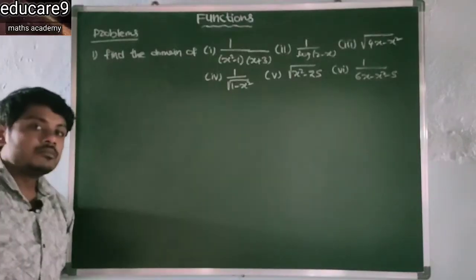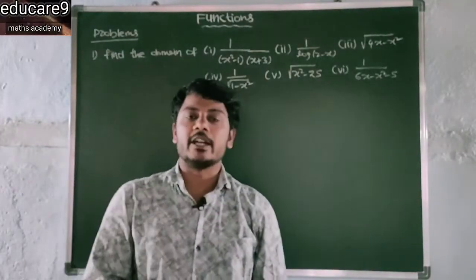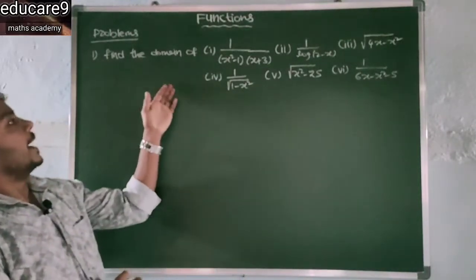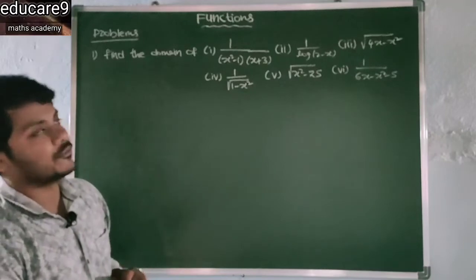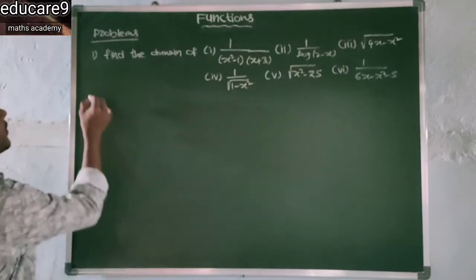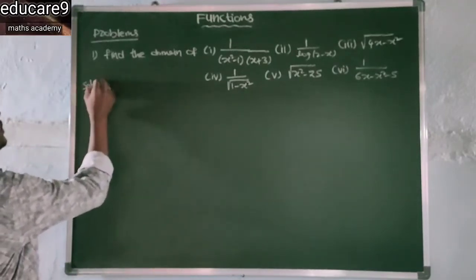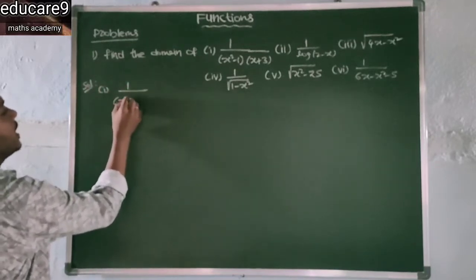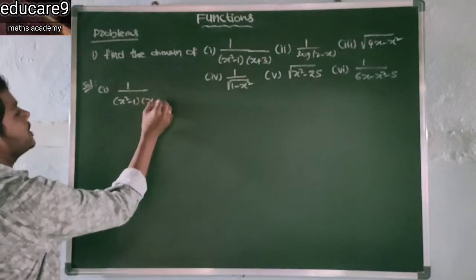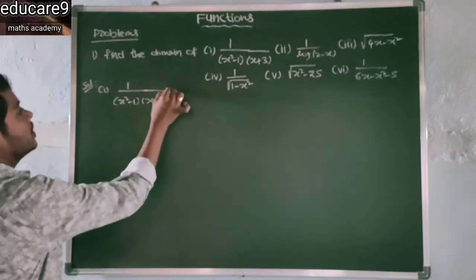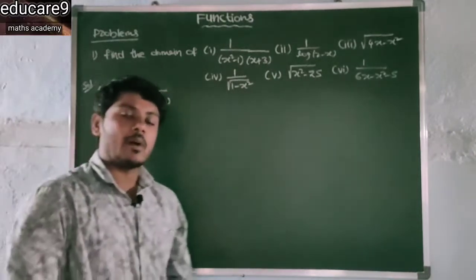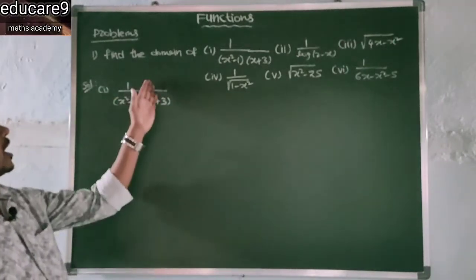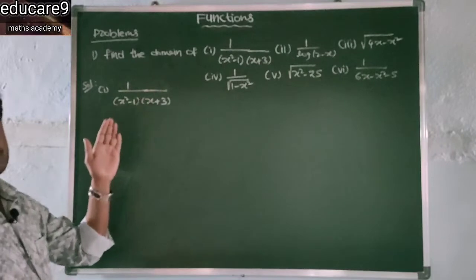Now we will discuss a few problems on domain and range. See the first one. Find the domain of the given functions. The first one: 1 by x square minus 1 into x plus 3. Here you have to apply the domain conditions. Write it in the form of 1 by f of x.